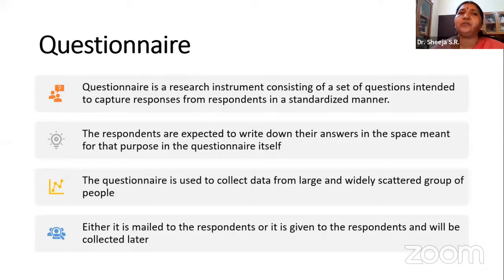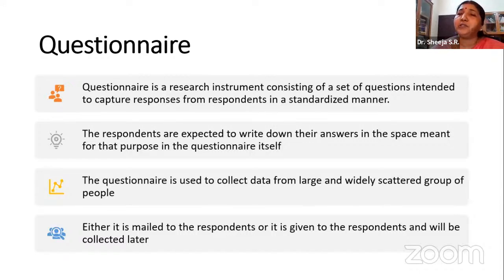Basically, there is no structural difference between questionnaire and schedule. A questionnaire is a research instrument consisting of a set of questions intended to capture the responses from respondents in a standardized manner. In the questionnaire, we arrange a set of questions, and all these questions are intended to capture the responses of the respondents.